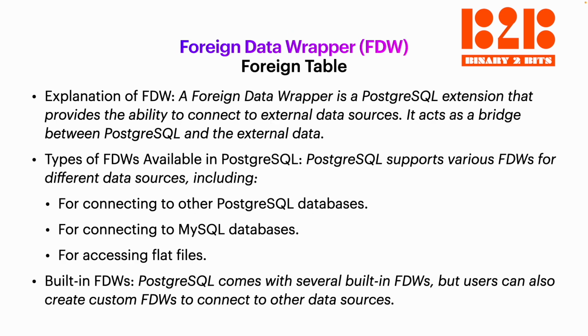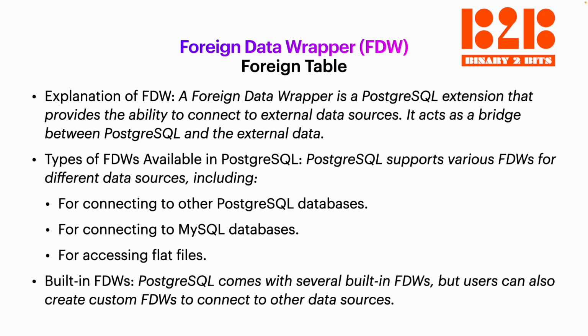So let's see what foreign data wrappers are. A foreign data wrapper is a kind of PostgreSQL extension that provides the ability to connect to an external data source. It acts as a bridge between PostgreSQL and the external data source.